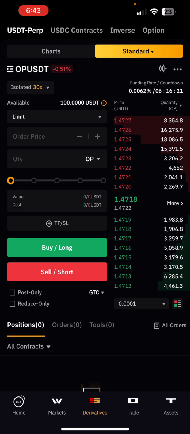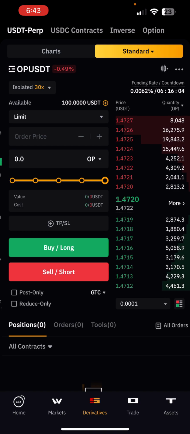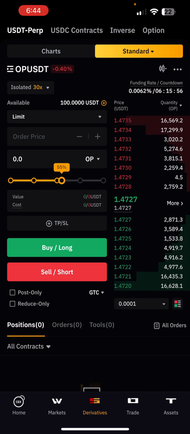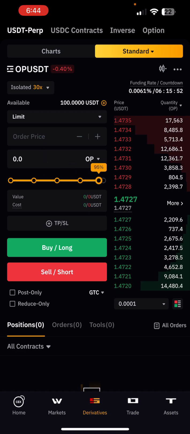As you can see, my 100 USDT has been deposited. Let's assume you want to use all the 100 USDT to take this trade, you make it 100%. But let's assume you just want to use 50 USDT to take a trade. All you have to do is choose 50% of the account, that is half of 100 USDT.